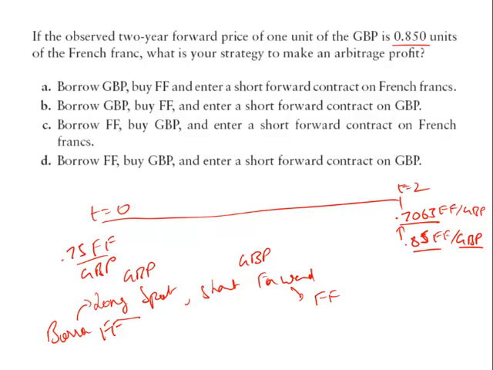So when you sell the GBP, you will get French franc that you can use to repay this borrowing, like we studied in our derivation. So borrow the French franc, buy the GBP, and enter a short forward contract on GBP, not on French franc. That is the answer we are looking for.